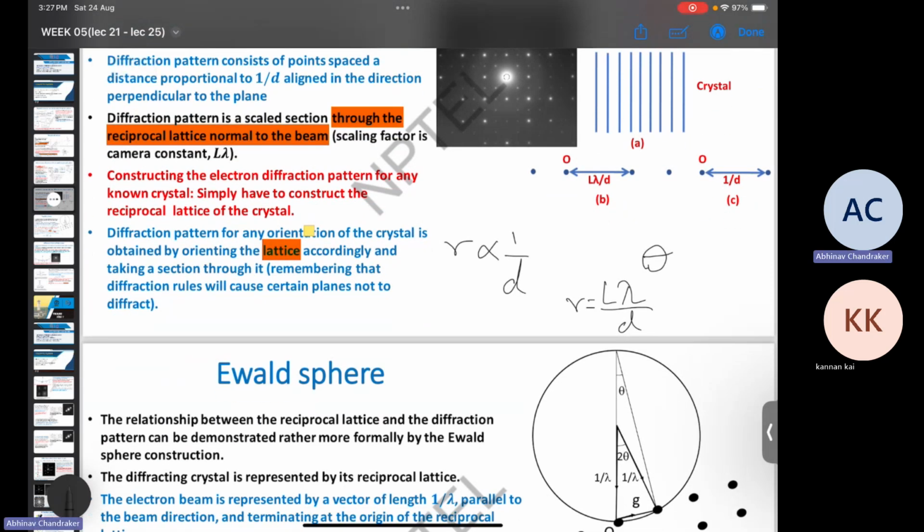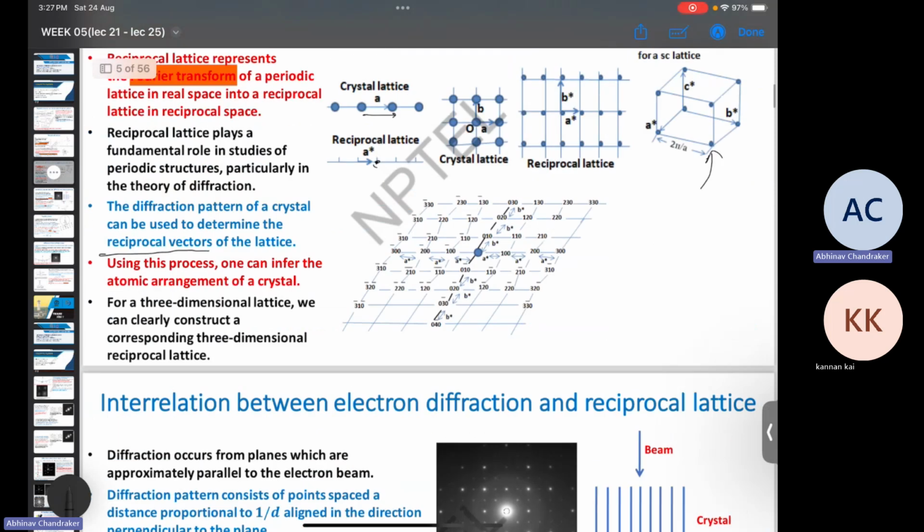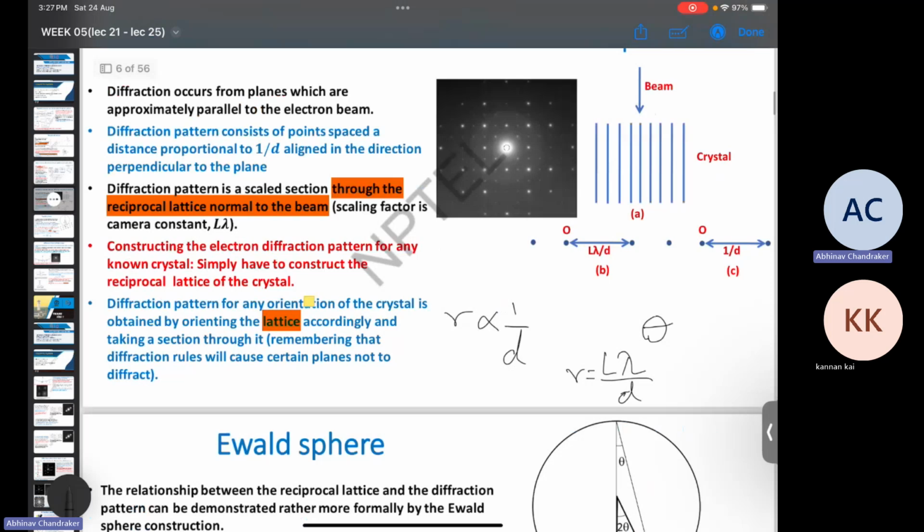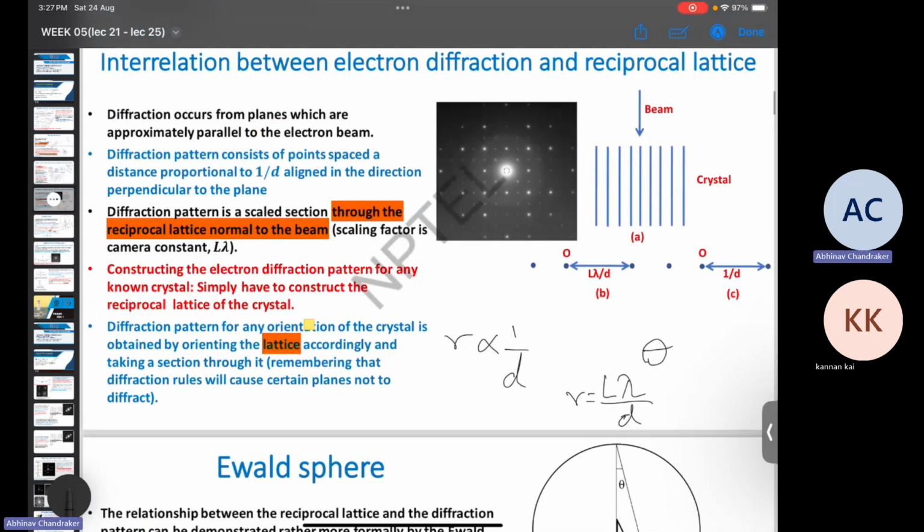So since the distance is proportional to 1 by d, we can say that this diffraction pattern is a scaled version of the reciprocal lattice, and this lattice is normal to the electron beam, and the scaling factor is L lambda, right?